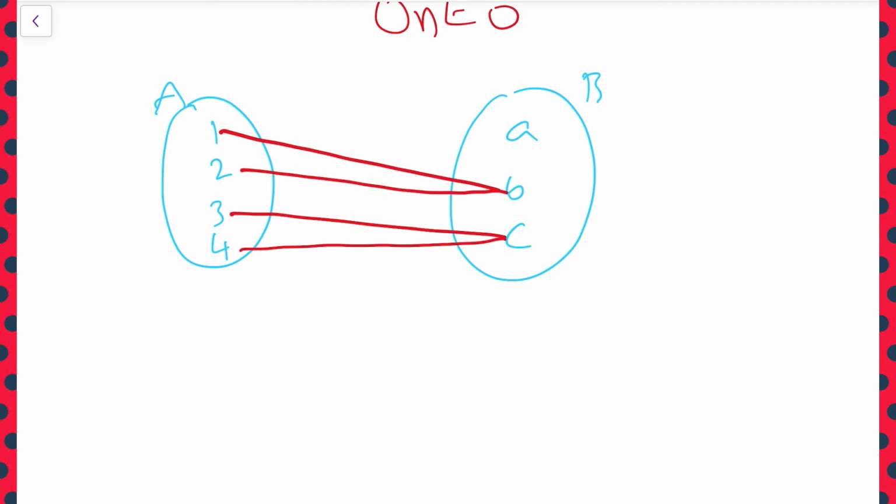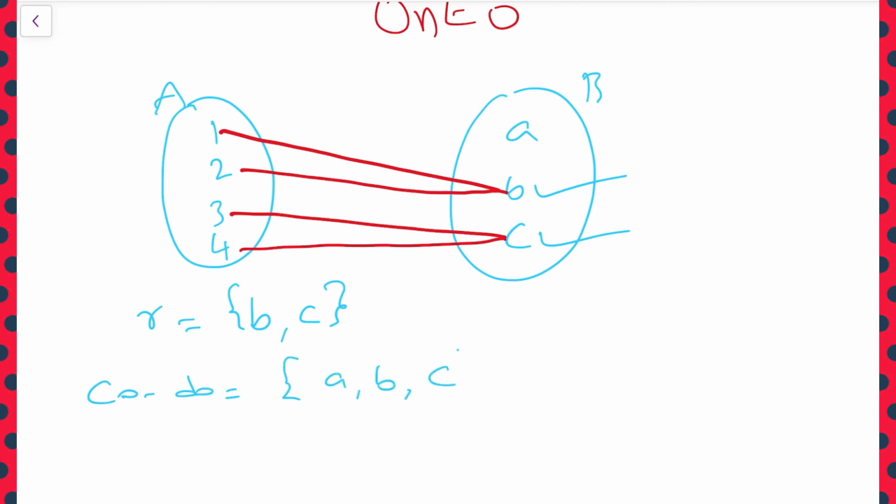Let us check once. First of all, what is the range? b is an answer, c also is an answer. So the range will become {b, c}. Then what is the codomain? Total set B, that is nothing but {a, b, c}. Here the range is {b, c}, whereas the codomain is {a, b, c}.